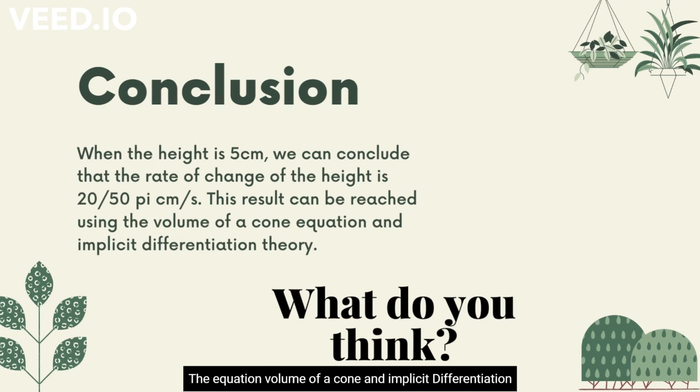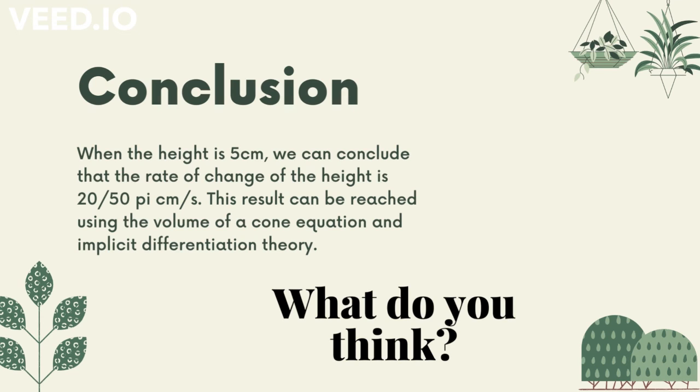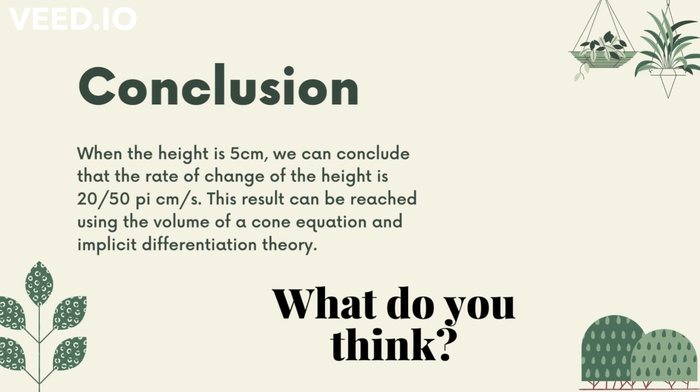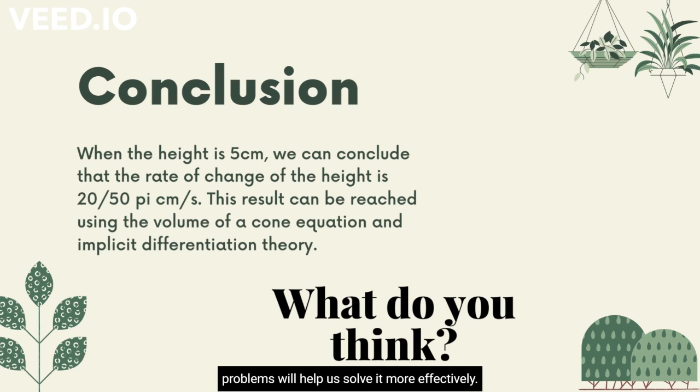The equation for the volume of a cone and implicit differentiation can be used to arrive at this conclusion. In addition, sketching a diagram of our rate problems will help us solve them more effectively, as we demonstrated to you just now. It will be easier to get the solution if you know the procedures.